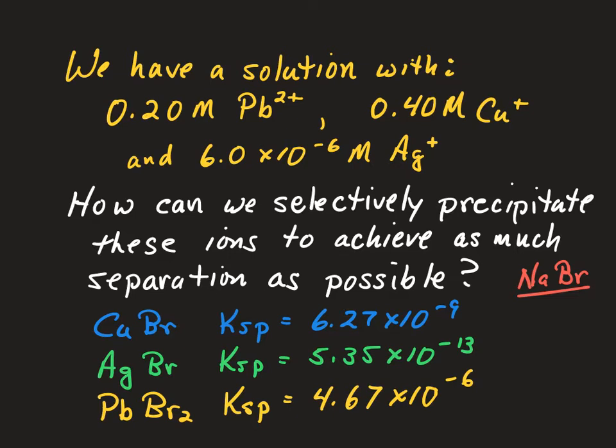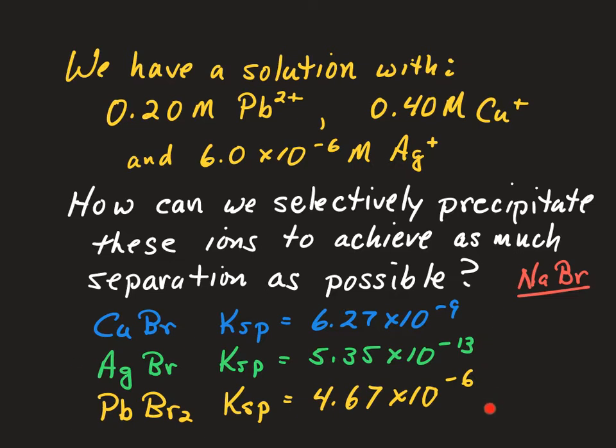They have small values of the KSP, and if we go back to our solubility rules, each one would be an exception to the rule that halide salts are soluble. Remember, most halide salts are soluble except copper 1, silver, and lead 2. So we know those are insoluble.